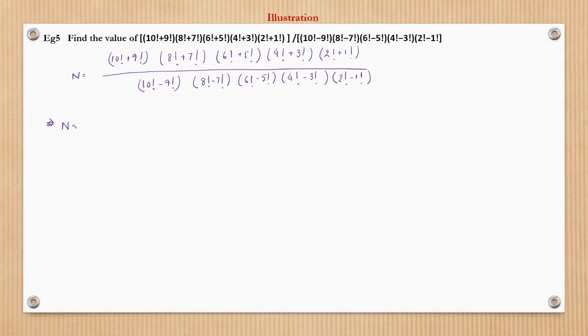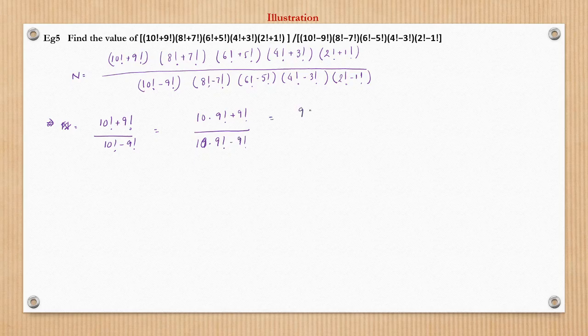We just take the first term, which is 10 factorial plus 9 factorial upon 10 factorial minus 9 factorial. How can we simplify this? We can write this as 10 into 9 factorial plus 9 factorial, and the denominator as 10 into 9 factorial minus 9 factorial.